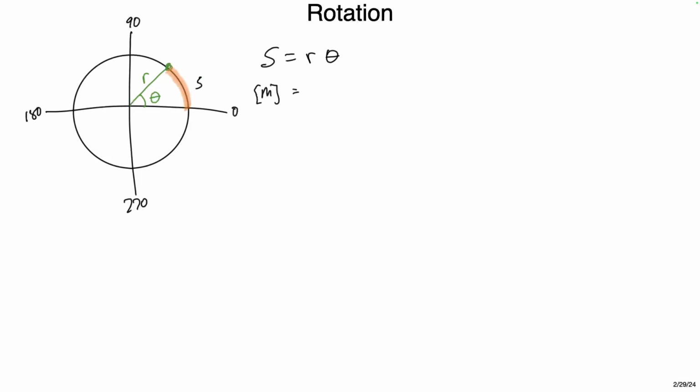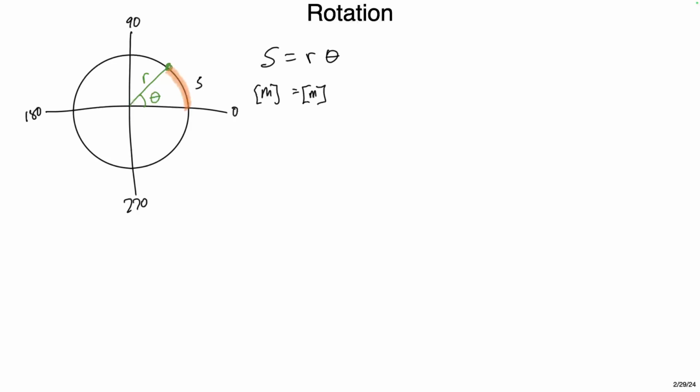Well, what are the units of R? What is R? Is it a distance? Is it a time? It's a distance, and what unit do we measure distances in? Meters. So far I've got a meter equals a meter.